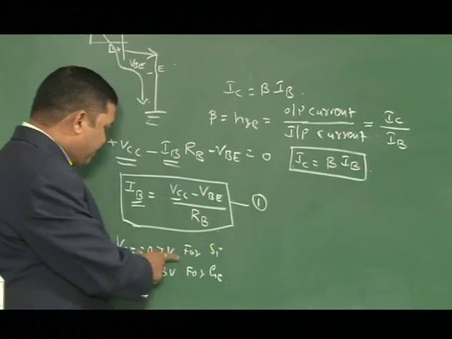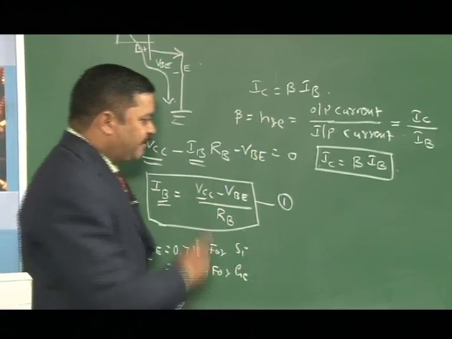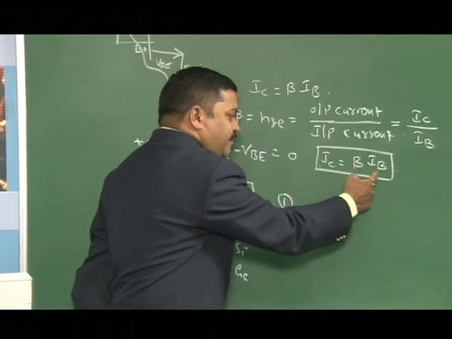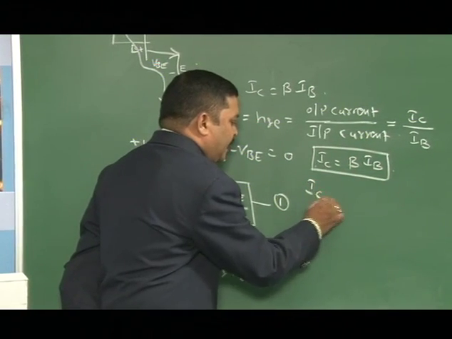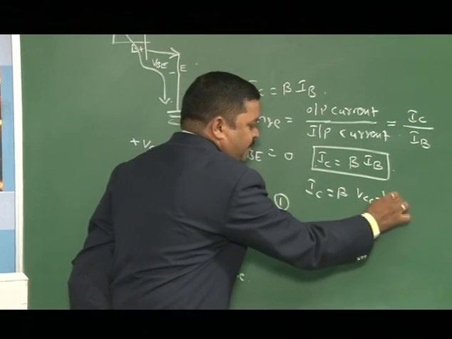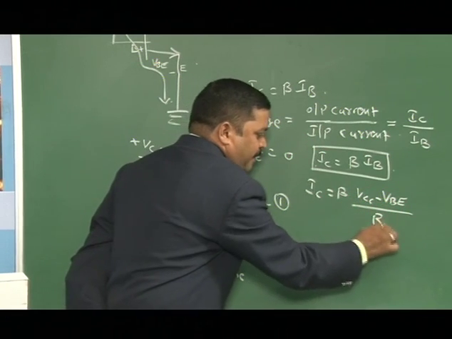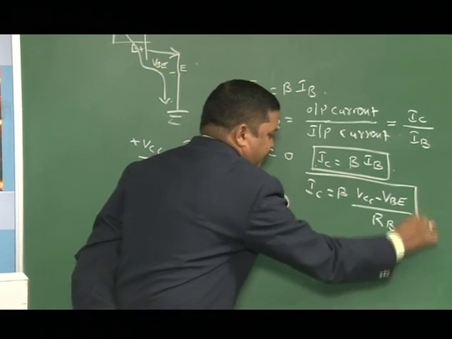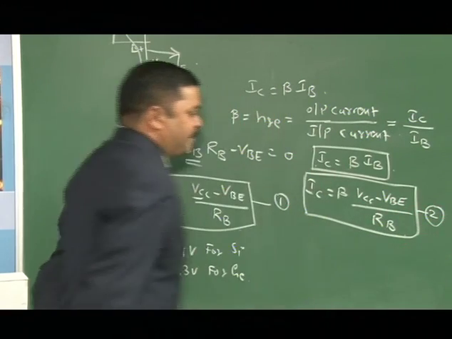Already IB is constant here from equation 1, we substitute here, which will be multiplied with the constant value beta. IC is equal to beta times VCC minus VBE divided by RB. So this is IC. Let me call this equation 2.